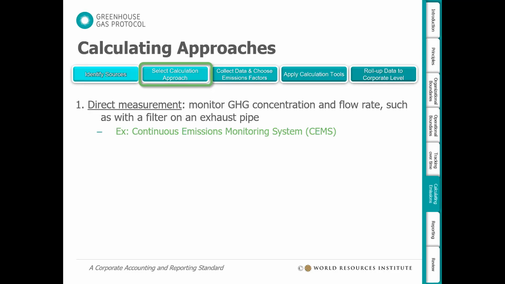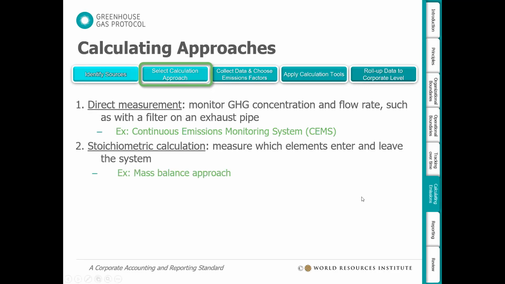Instead, emissions are much more often derived from a calculation-based approach using either what's called a stoichiometric calculation approach, or more commonly, emission factors. Okay, so just to explain what a stoichiometric approach is, a stoichiometric approach really just follows the mass of a specific element as it enters or leaves a source.